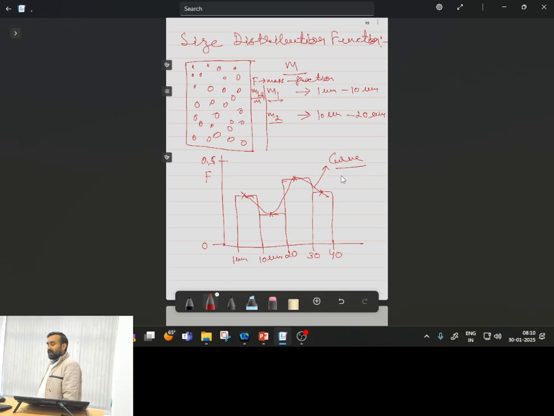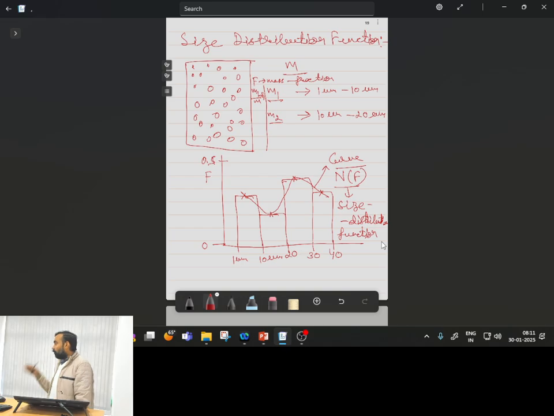If I fit this curve using some mathematical function n of f, then this particular function is what is called the size distribution function. Is this point clear? A mathematical function which fits all this distribution of particles in different sizes, we will call the size distribution function.